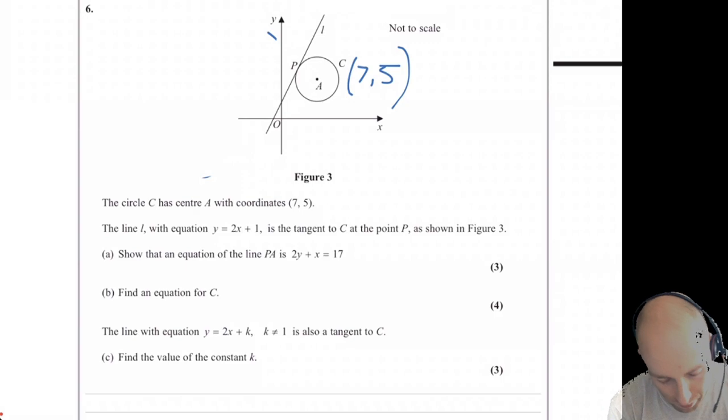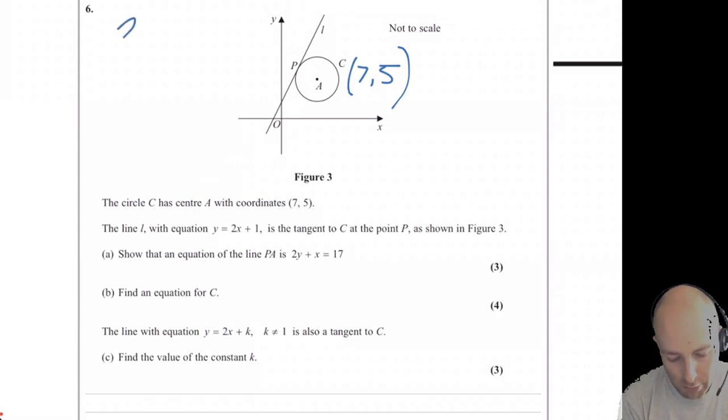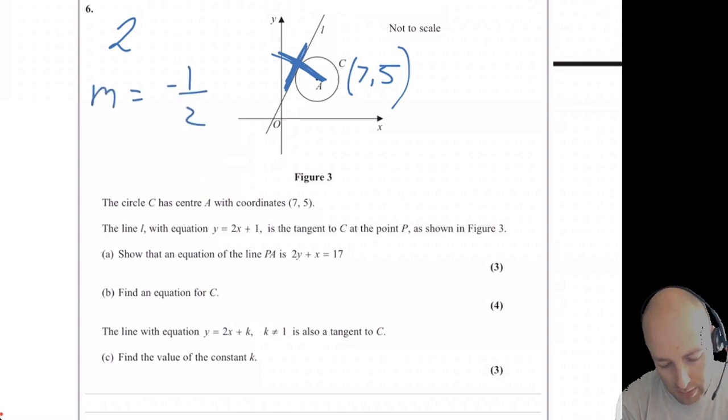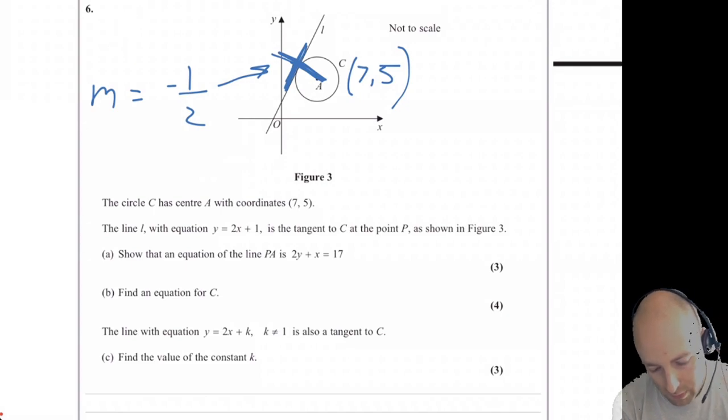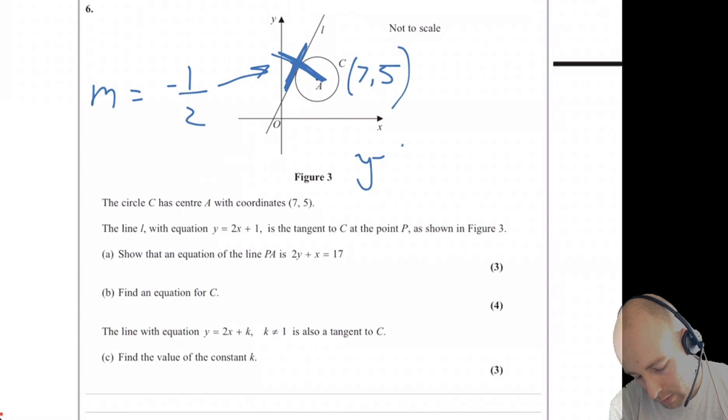Okay, so we know this one's a tangent, so 2 is the gradient of this line. So the gradient of our line here is going to be the negative reciprocal of that, m is going to be minus a half. So the gradient of the line that we want to find is minus a half. And we know it passes through the point 7,5, so we're going to do y minus 5 equals minus a half x take 7.